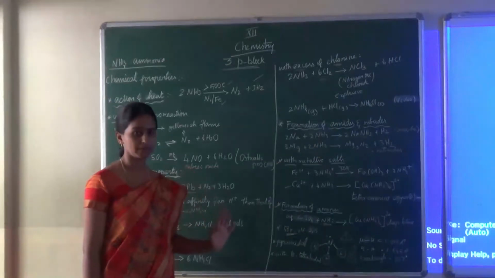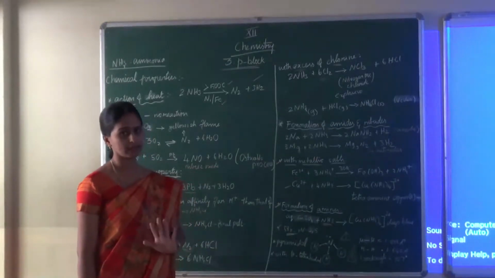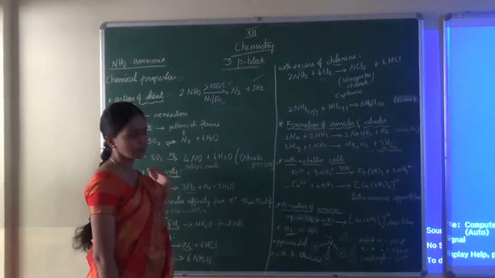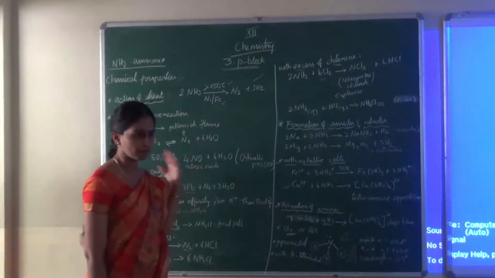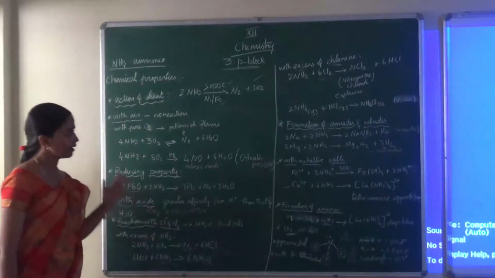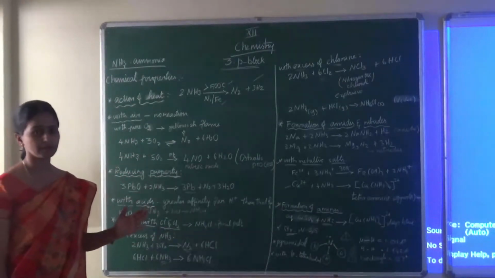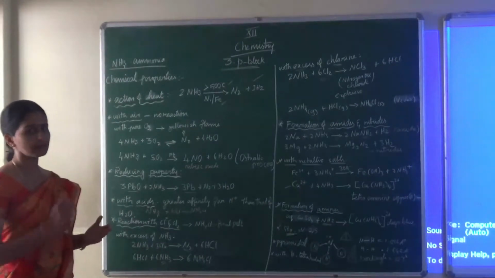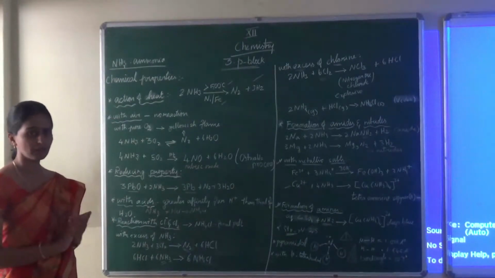Ammonia: preparation, physical properties and chemical properties, and finally the structure. Now you can copy these equations and practice each and every equation 2 or 3 times, then close your book and write the equations without seeing your book.